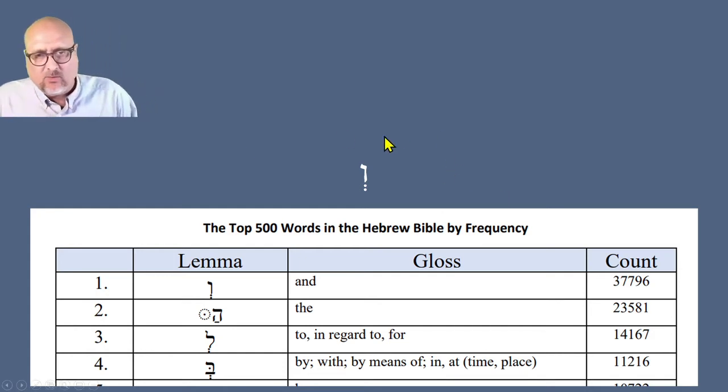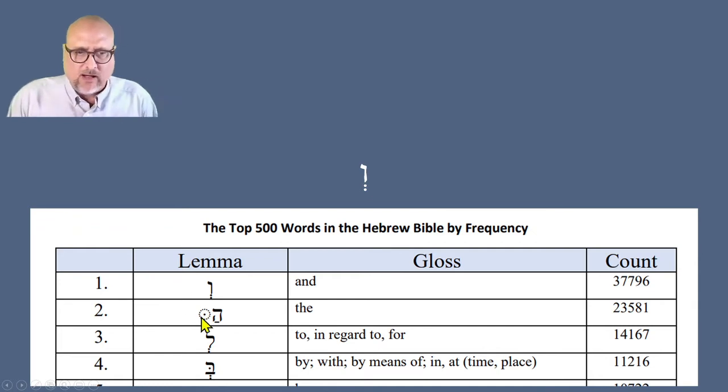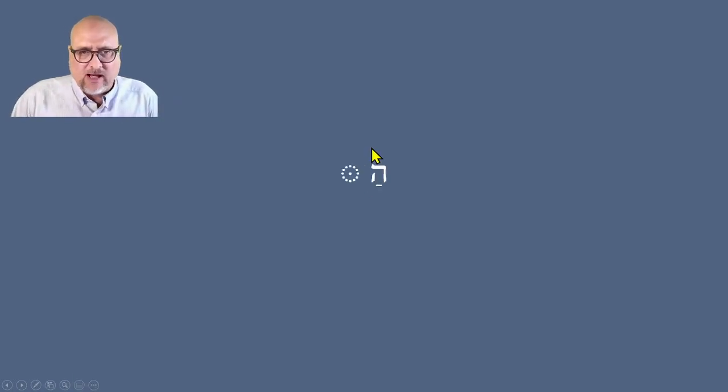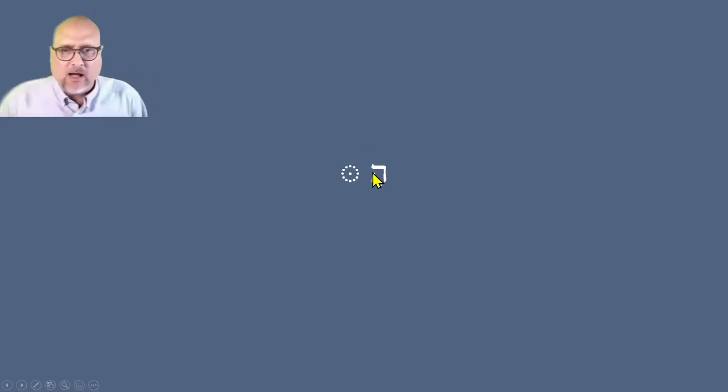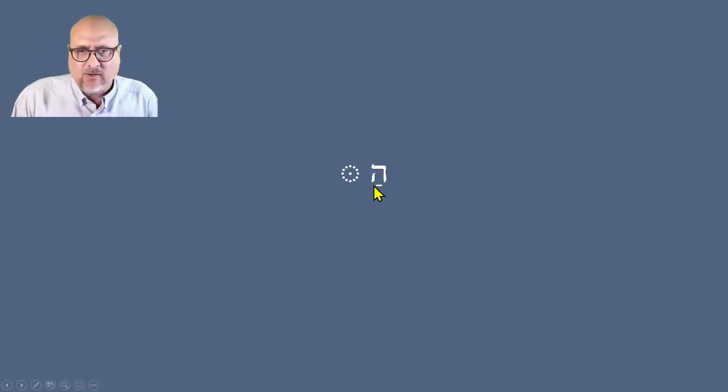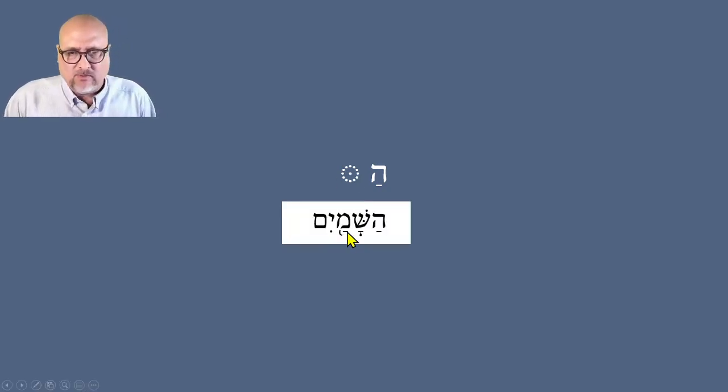So this is the word and it's 1/10. Okay, so the second word is the word the, and it's hey with the patah and then a doubling dagesh in the next letter, as long as the next letter isn't a guttural. So you get this word ha shamayim, the heavens.